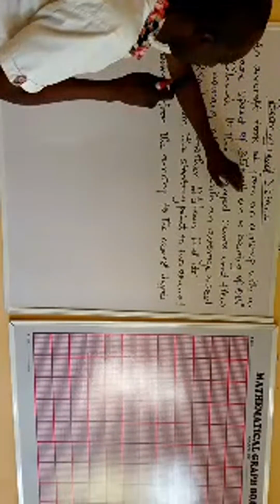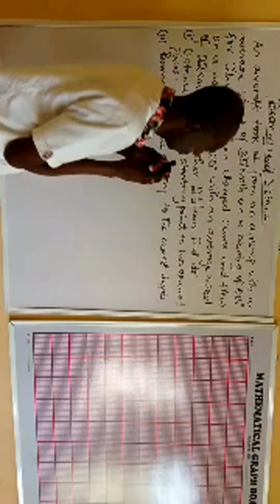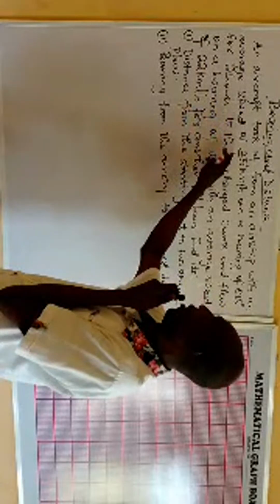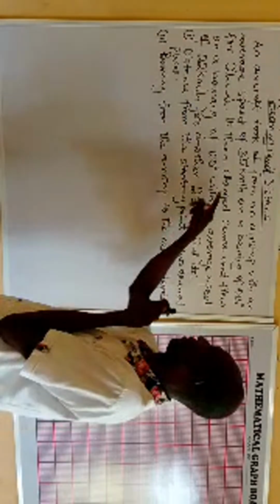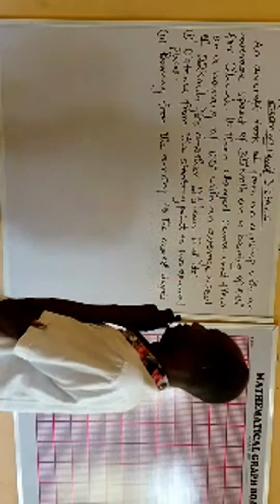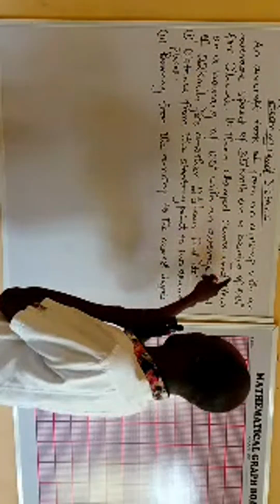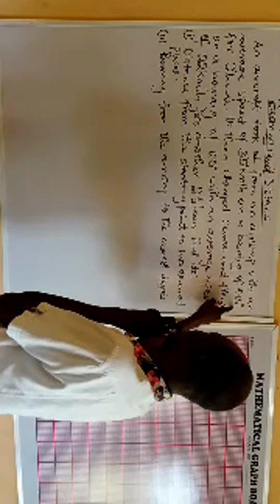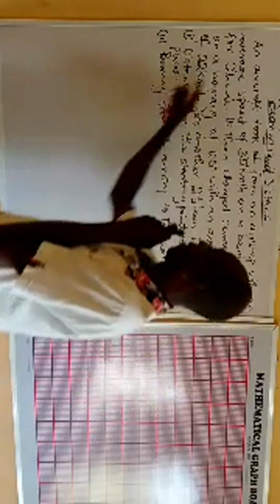An aircraft took off from an airstrip with an average speed of 35 km per hour on a bearing of 015 degrees for 2 hours.